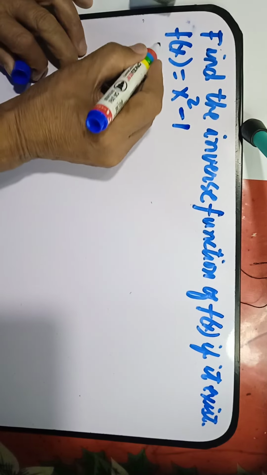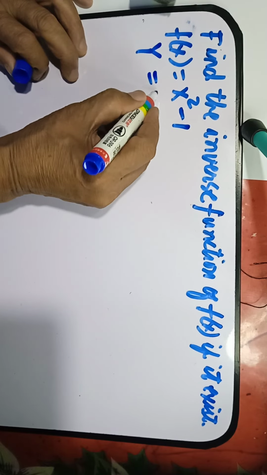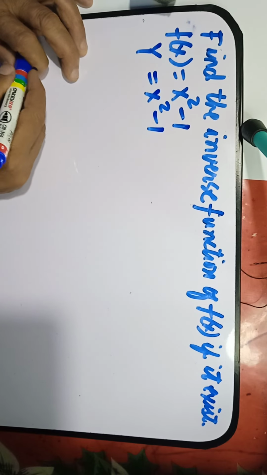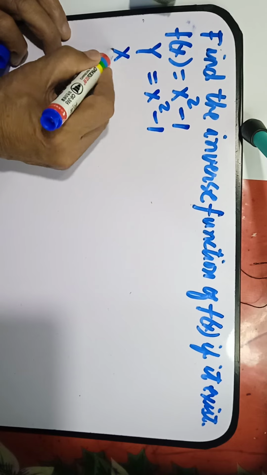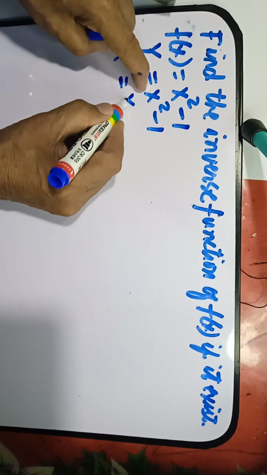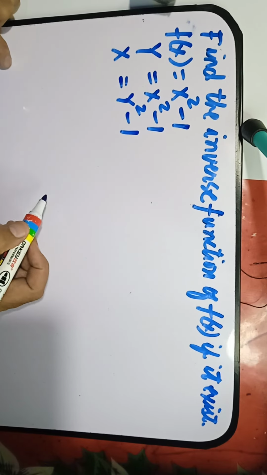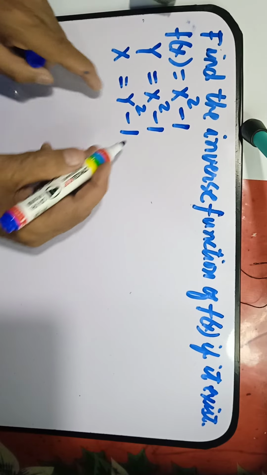So, again, f of x equals y. So, copy the x squared minus 1. Change y to x and x to y. So, again, I will use the commutative property because y is here.